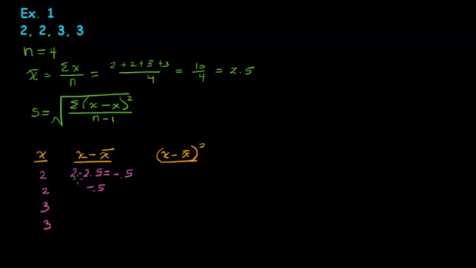And then 3 minus 2.5, this results in a positive 0.5, and we get it again here. Okay, now I come back and take negative 0.5 and square that, and we get a positive 0.25. And this is positive 0.25.